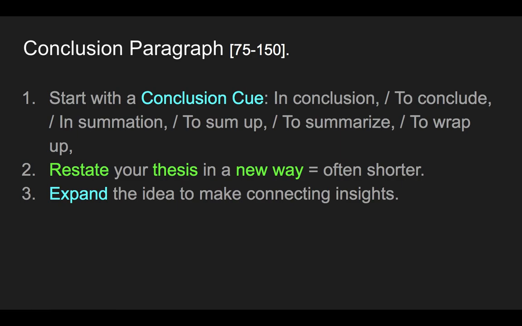Maybe you'll move out of talking just about the novel that you're looking at and try to make connections to society at large, or how the insights that you've discovered in your investigation of that piece of literature connect to something in the real world. And then, yeah, this is exactly supporting what I just said, you want to finish with some sort of a final lesson or a final insight.